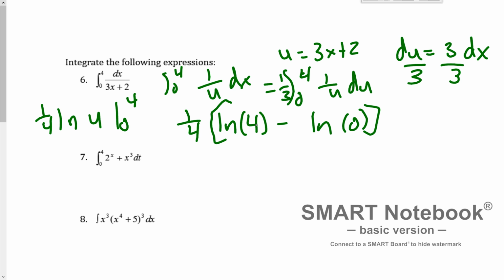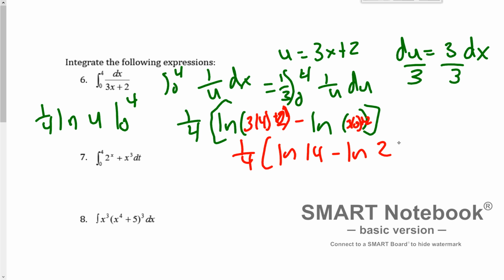So this is actually 4 times 3 plus 2, and then I take the ln of that, and subtract. Plug in 0, so 3 times 0, then plus 2. So that would be 1/3 times ln of 14 minus ln of 2. So you can plug that in your calculator and get something close to 0.65.